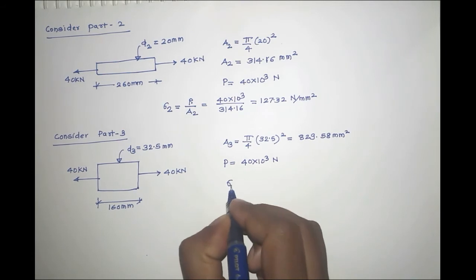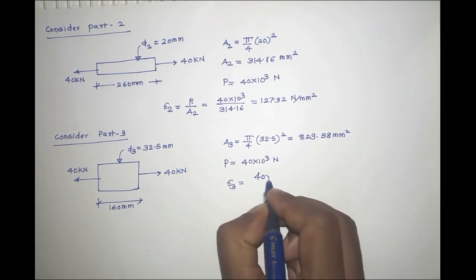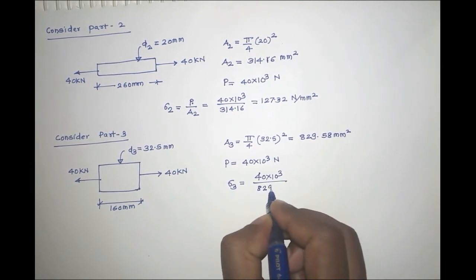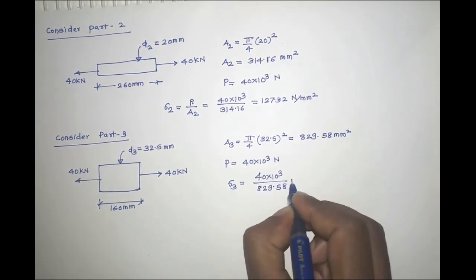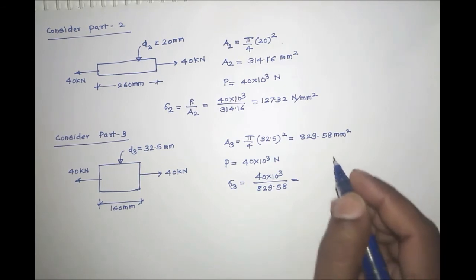So sigma 3 is 40 into 10 to the power 3 divided by 829.58, which is 48.22 Newton per millimeter square.